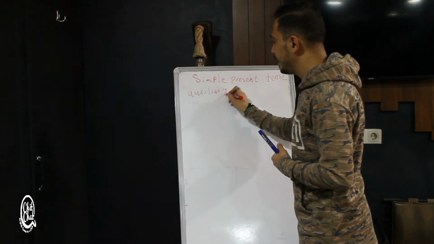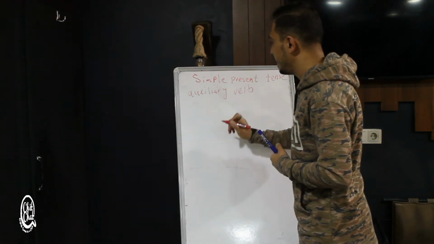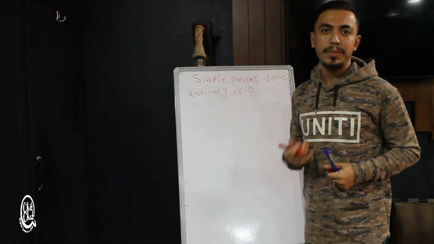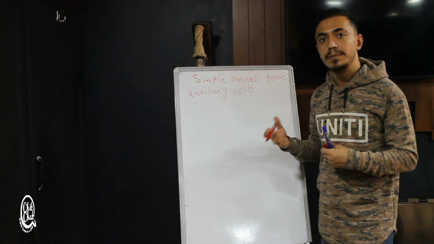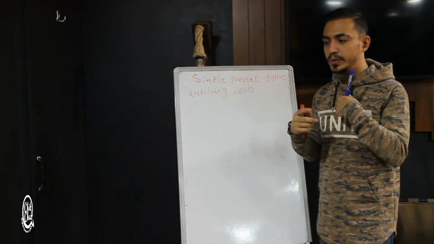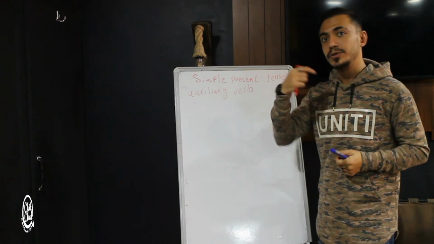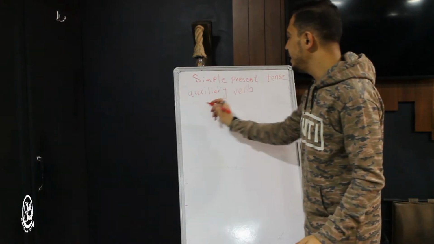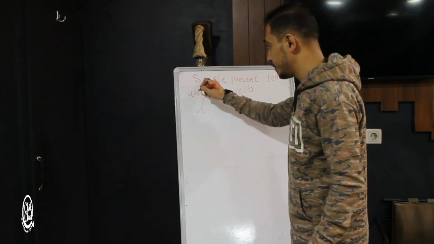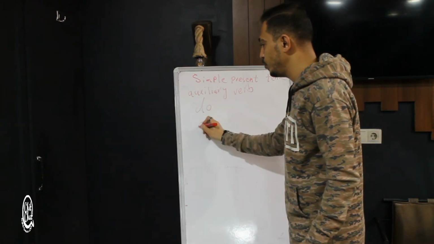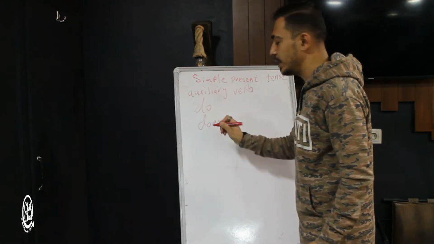What is an auxiliary verb? Auxiliary means helping verb. These are verbs that help us change sentences from affirmative to negative or question. In English, for simple present tense, they are do and does.